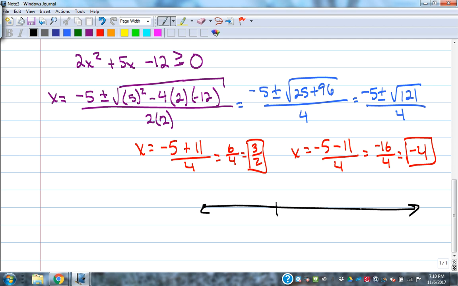Which one's smallest? Negative 4, so it goes on the left, and then 3 over 2 over here. Filled in dot on the negative 4, because that means it's included. It's included because the inequality symbol has the equal to mark. 3 over 2 is also included because the inequality has an equal to mark.